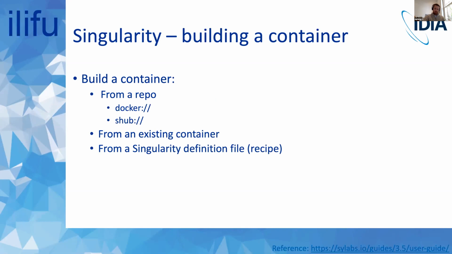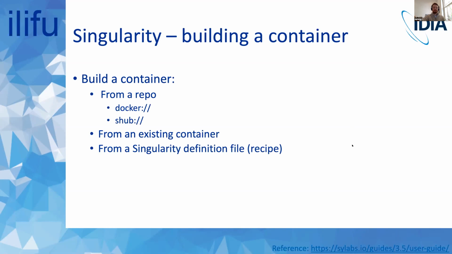But the most common and recommended way to build a container is from a definition file. This is like a recipe on how to produce a container, or the steps that you go through. This is recommended as it allows for reproducibility. If you have the script defined and you can build it, then if you run or build the container at a later stage, it should generally produce the same container environment.